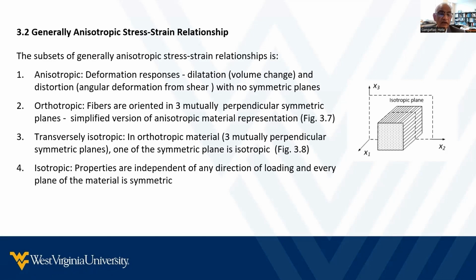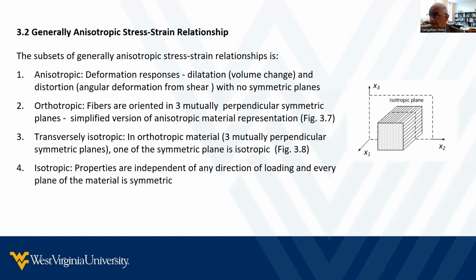In this, we're talking about having one symmetric plane that is isotropic, as I've shown you on the figure on my right side. So typically people consider timber as a transversely isotropic material.